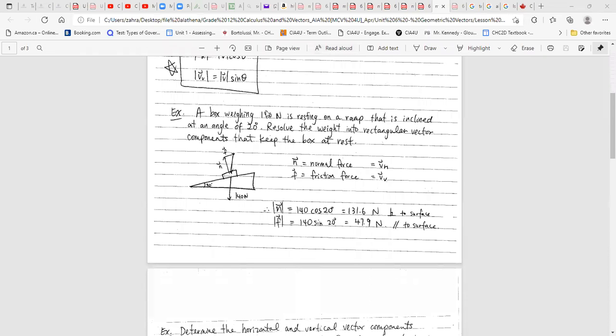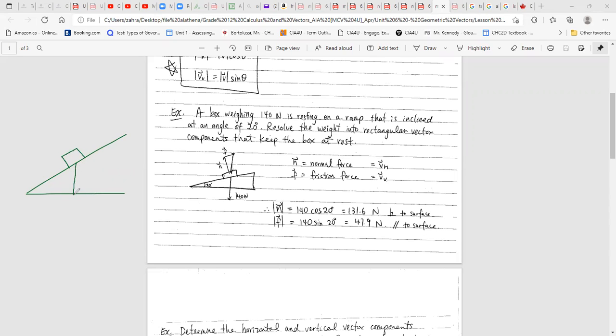So let's look at this question. A box weighing 140 N is resting on a ramp that is inclined at an angle of 20 degrees. Resolve the weight into the rectangular vector components that keep the box at rest. So this is the ramp we have, and this is the box.